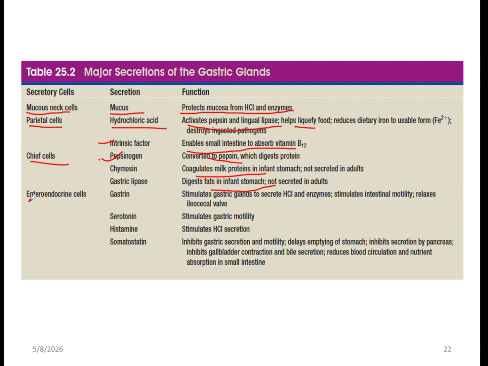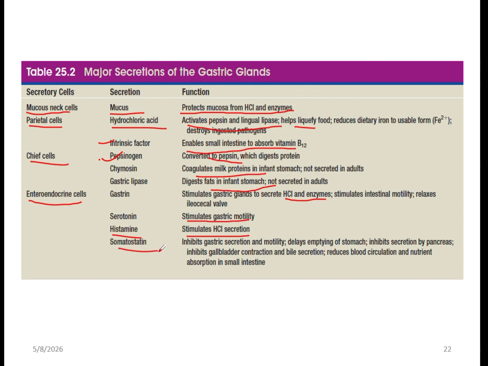And the last is the enteroendocrine cell, which secretes gastrin. Its function is to stimulate the gastric glands to secrete HCl and enzymes, stimulate intestinal motility, and relax the ileocecal valve. Next we have serotonin, which stimulates gastric motility, and histamine, which stimulates HCl secretion.